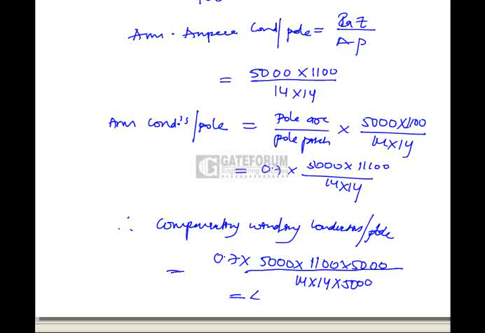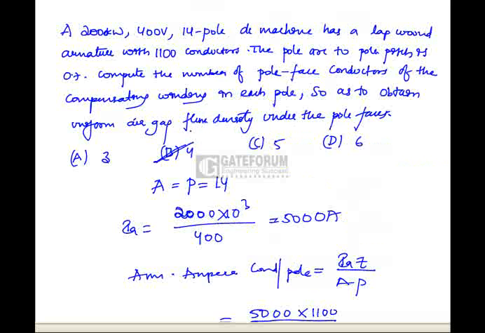So this we can calculate as 4. Therefore the compensating winding conductors per pole is 4. Option B is the correct answer.